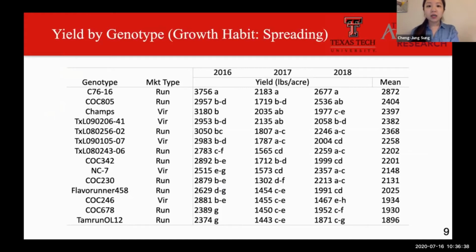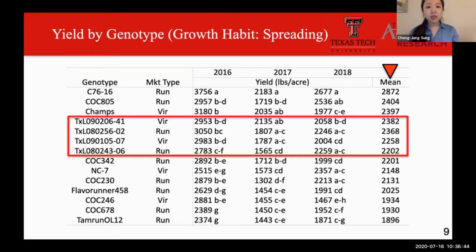And after I sort this data, we can see that these 4 genotypes that I circled in red have pretty nice yield comparing to many of the other genotypes, including some mini-core accessions and some Czech varieties.